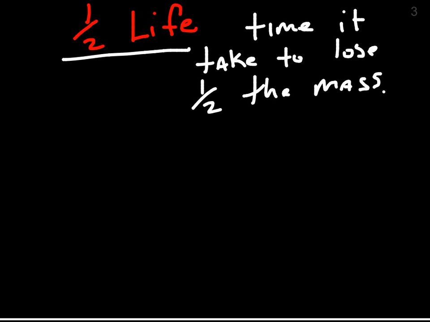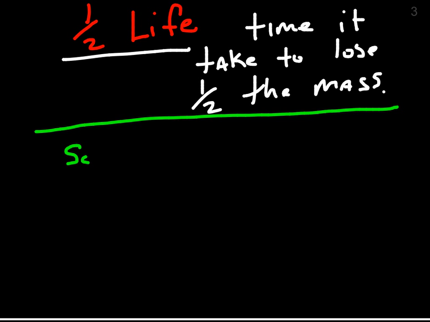So here's an example of a problem, all right? Let's say I'm talking about scandium 42. It's an isotope. And I'm starting off with a 12-gram sample. So this is what I have, 12 grams of scandium 42. Now, at some point, that 12 grams has turned into 1.5 grams through radioactive decay.